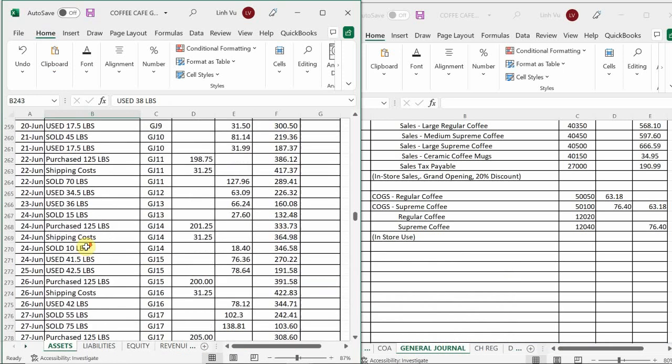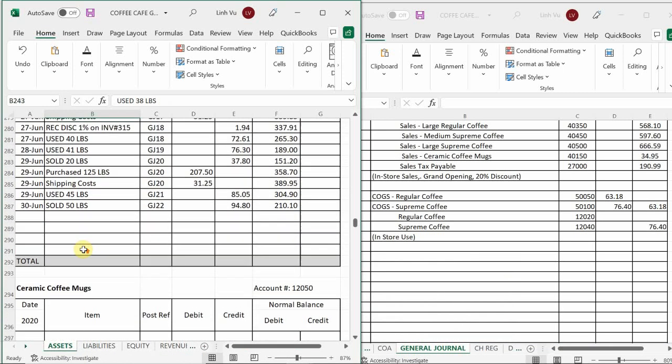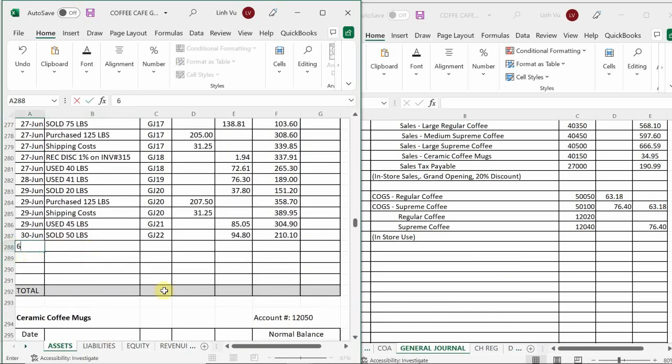Last but not least, I need to update my Supreme Coffee here. We used 40 pounds for a grand total of $76.40.